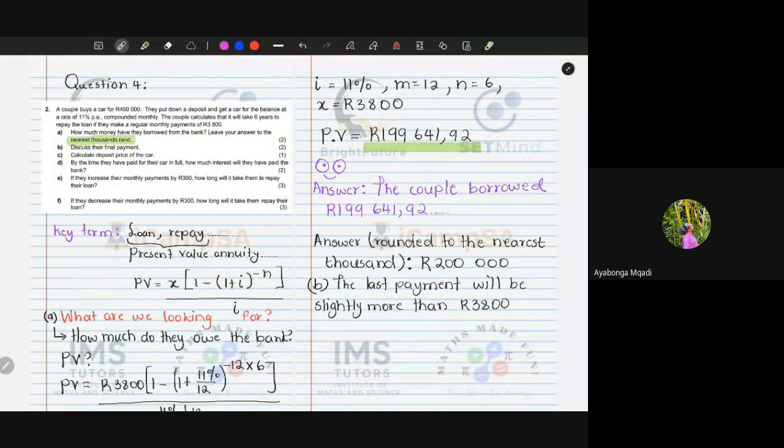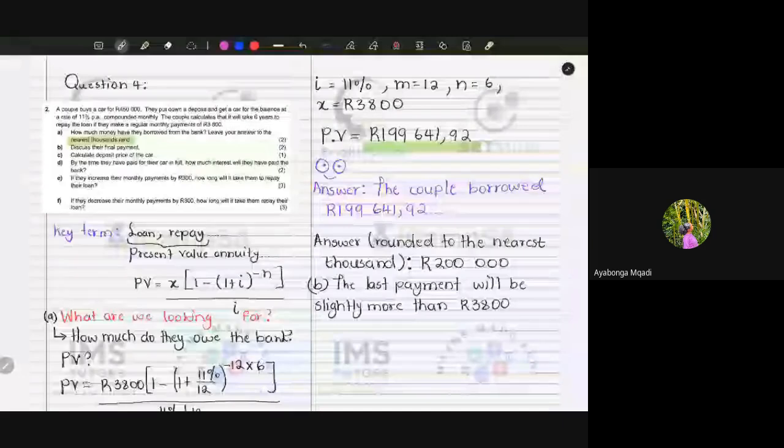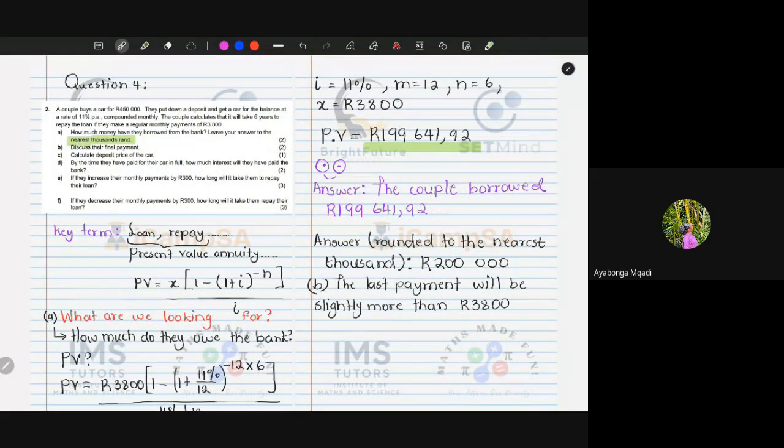But the bank chooses to say, let's round off this value to 200,000. Do you see that your 3,800 is only going to get you to 119,641, which means on the last payment, you can't pay the 3,800 because it will put you at 119,000, but you want 200,000 because the bank chose to round this up.